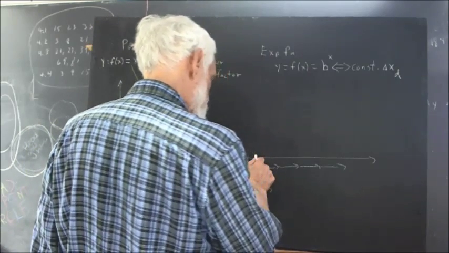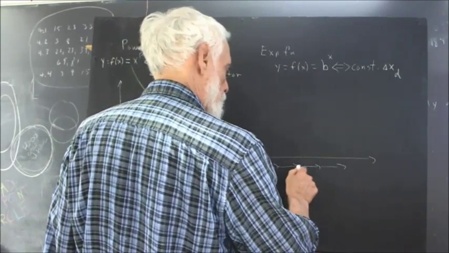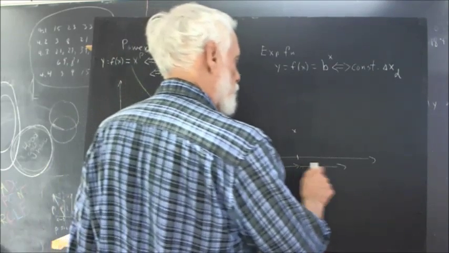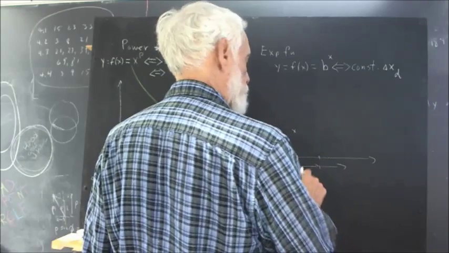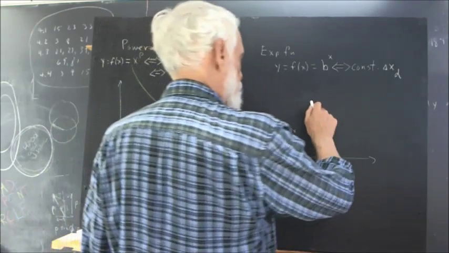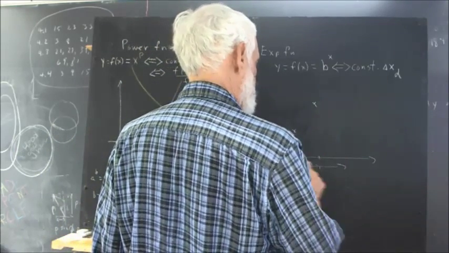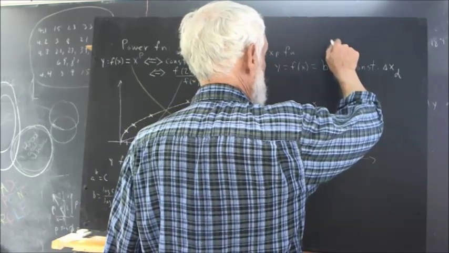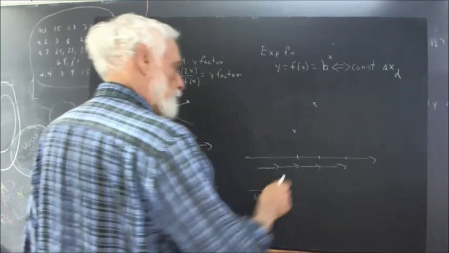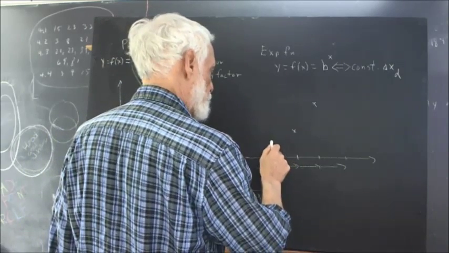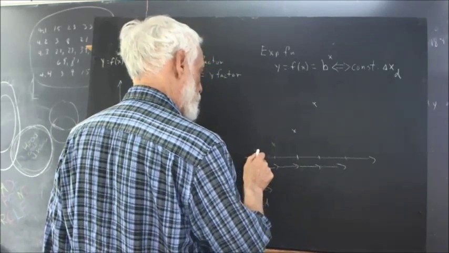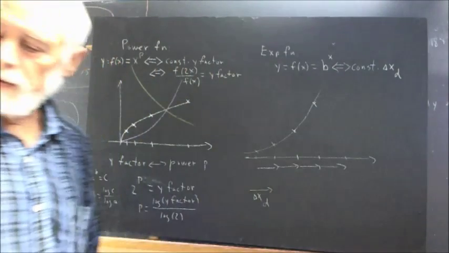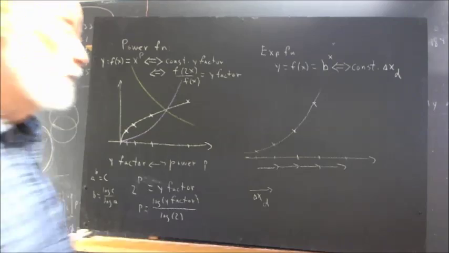If we take a point anywhere at the end or beginning of one of these arrows, and we move over through the doubling displacement, x is changed by delta x sub d so that the value of the function has doubled. And then if we move over that far again, that value will double in turn. If we move backwards, the value is halved. And again, this is something we're very familiar with. Then we can slap a y-axis down any place we wish.